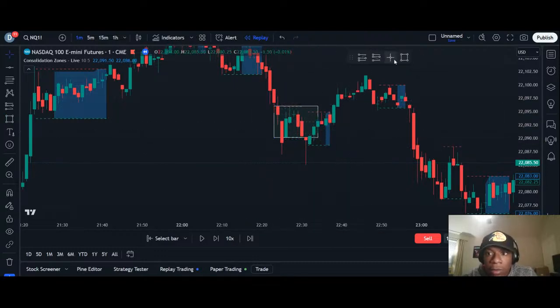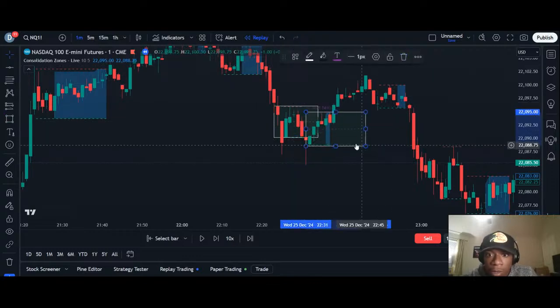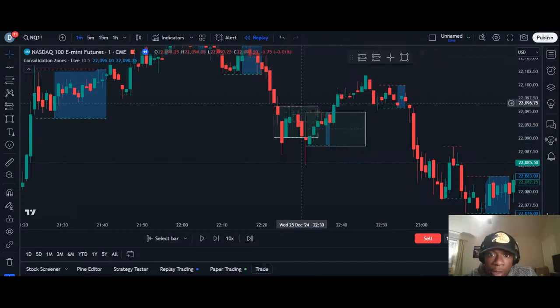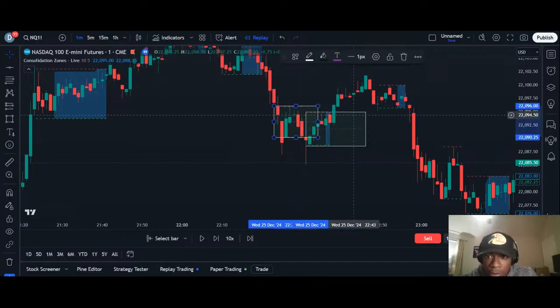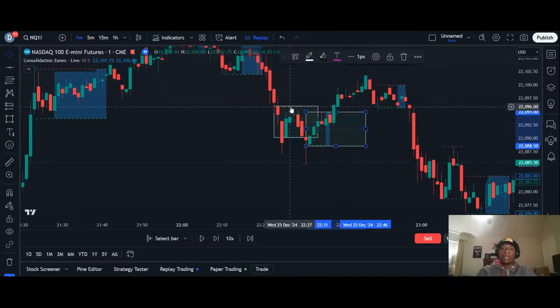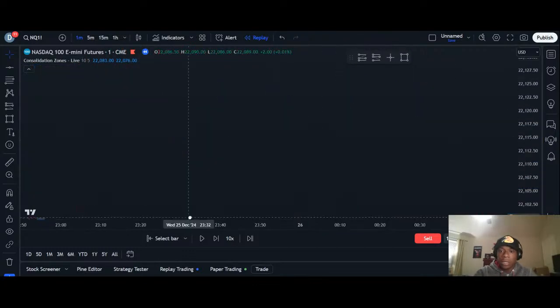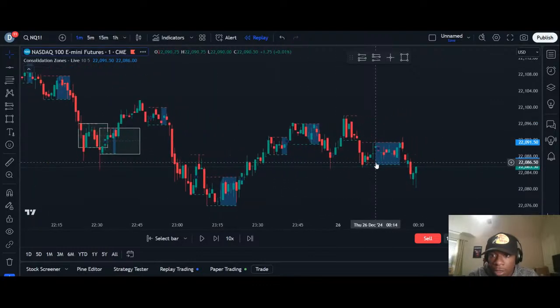But before this hopped in, this zone formed as well, right? You always go with your first zone. So if it breaks below this zone, or I'll put it like this because that's not even a good example. I'll just draw it out.